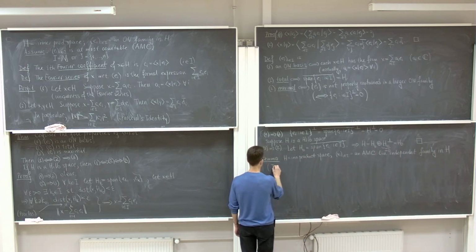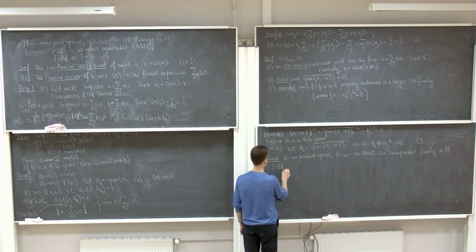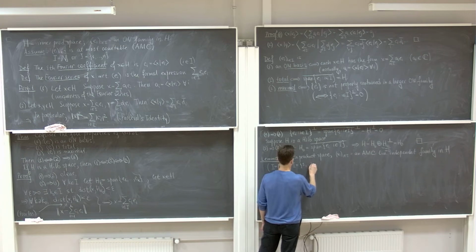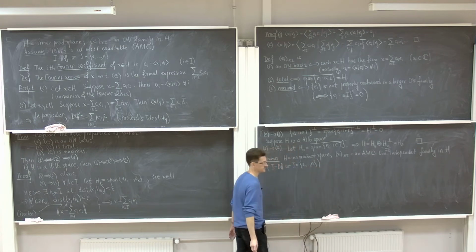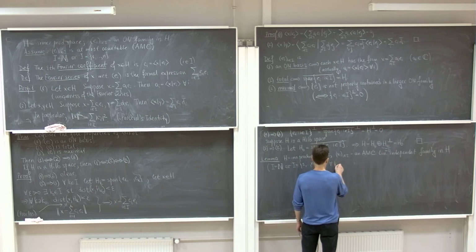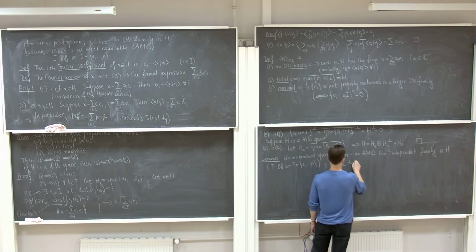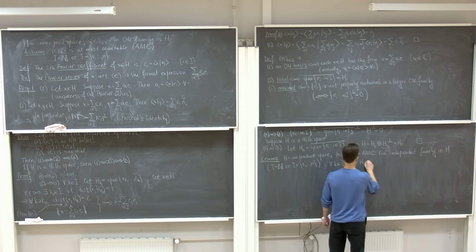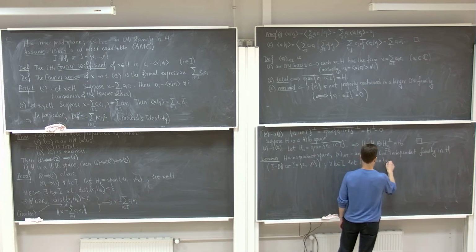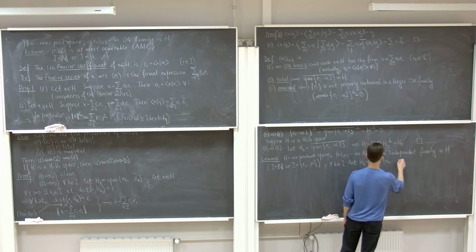And as before, we assume that I is either the set of natural numbers or a finite set from 1 to n. And for each k in I, let hk denote the linear span of elements x1 to xk.